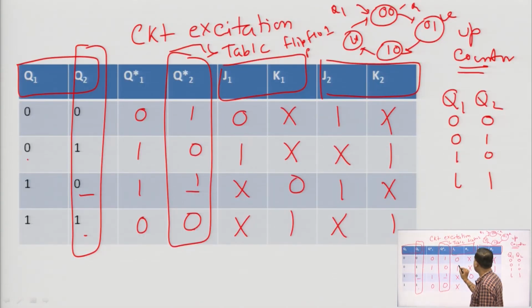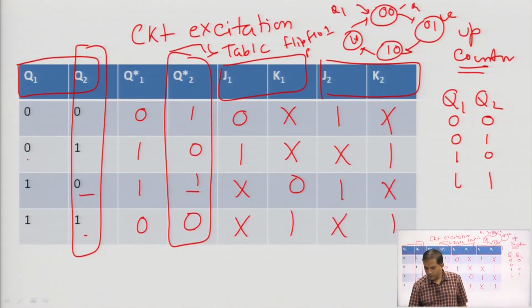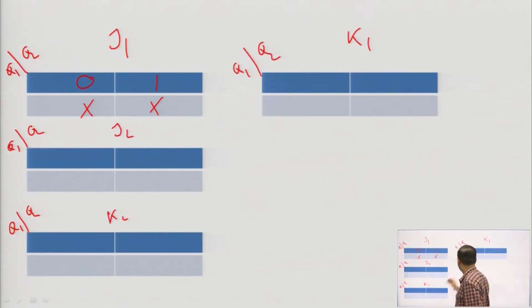For J1 we have 0 1 cross cross, so write that 0 1 cross cross. Okay. For K1 we will have cross cross 0 1.